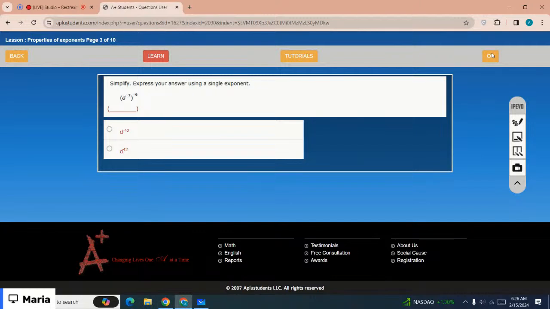The correct option is d exponent positive 42, right? Option number 2 is the correct option. Very good. Option number 2 is the correct option.